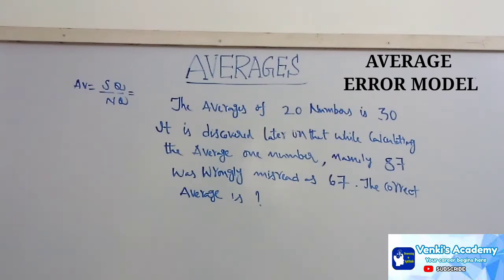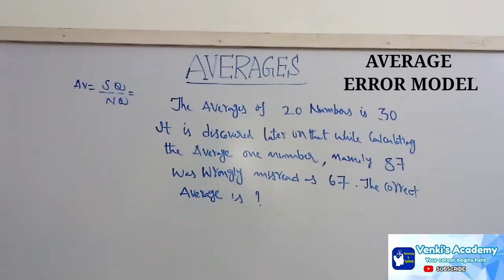That 600 is called the total value. We don't know each number's value here. But students and aspirants make the mistake of treating 20 into 30 as 600 for the individual numbers. Please avoid that.